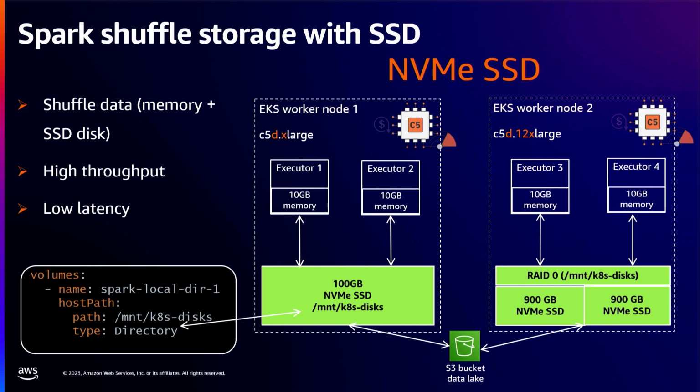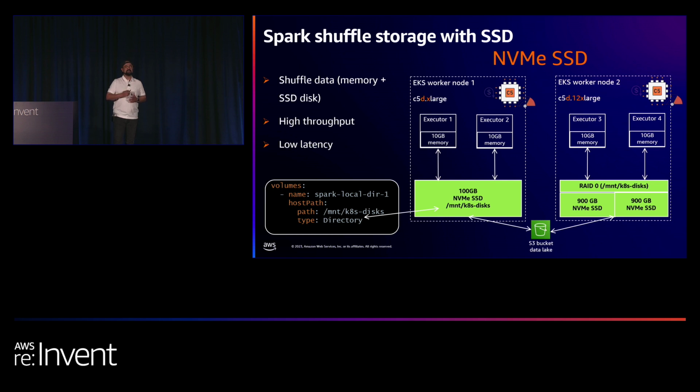Now, moving on to the storage. Storage is really crucial when it comes to running Spark on Kubernetes. You might have been running the workloads before on Hadoop or any other Hadoop-based flavors like EMR. But running Spark on EKS, storage is completely a different ballgame. As you see in this slide, when you want high performance and high throughput, we highly recommend using NVMe SSD-based instances with Spark.